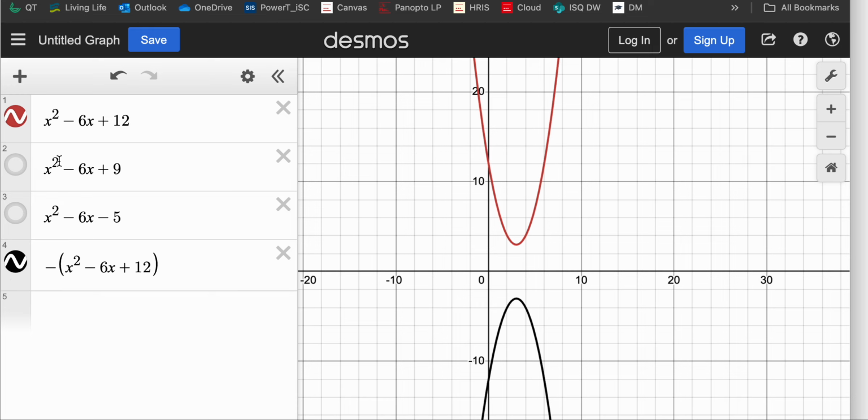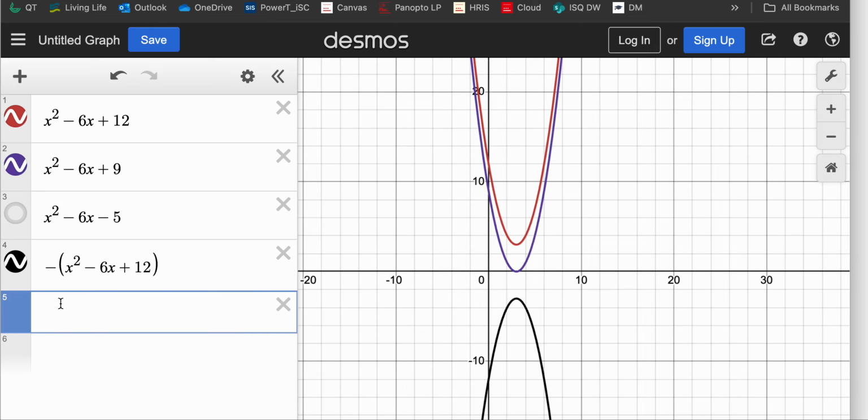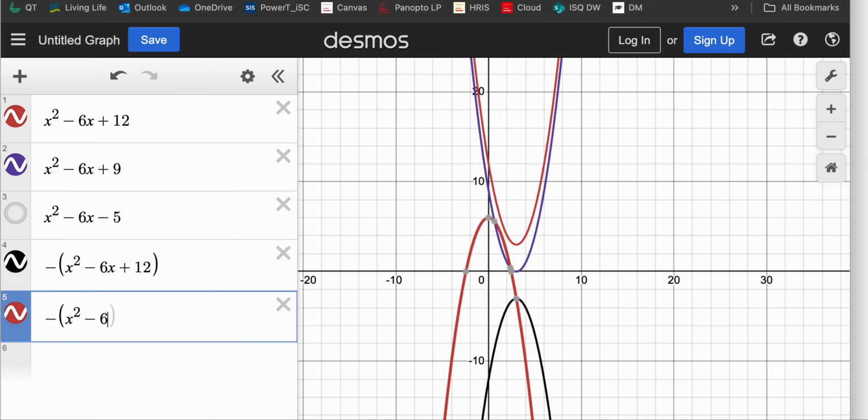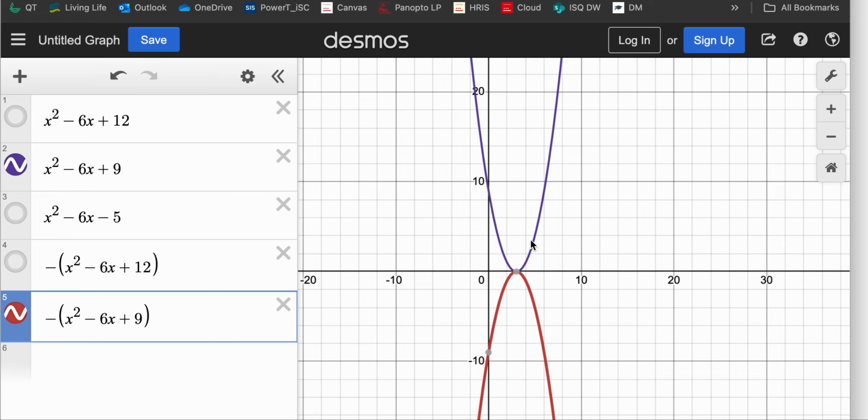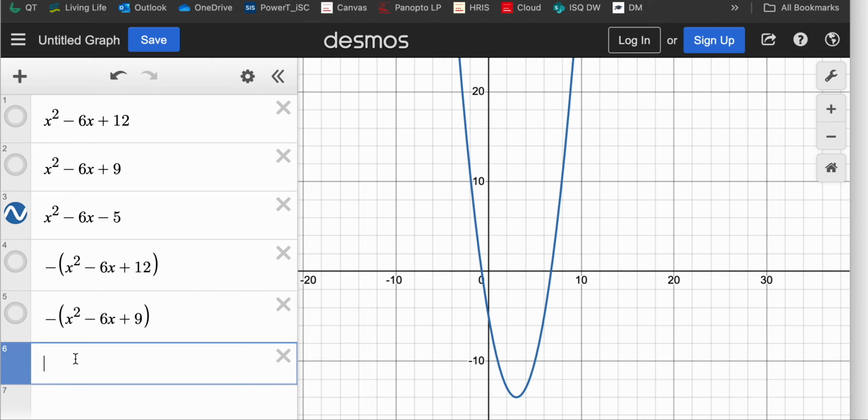So for that one, let's look at this one. You can just put negative for the entire function, or you could just switch all the signs. Negative x squared plus 6x minus 9 if you don't want to use parentheses. Okay, so that is a perfect reflection over the x-axis. Let's look at the third one.